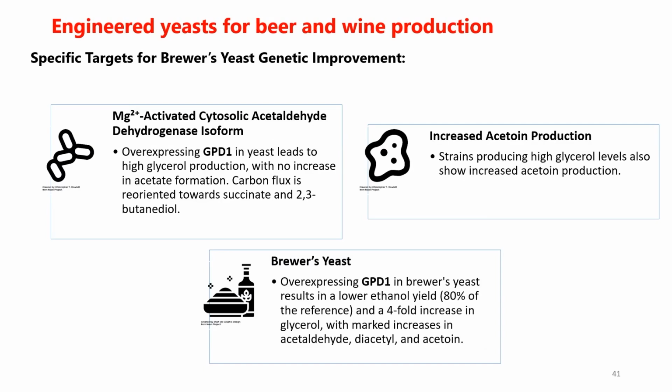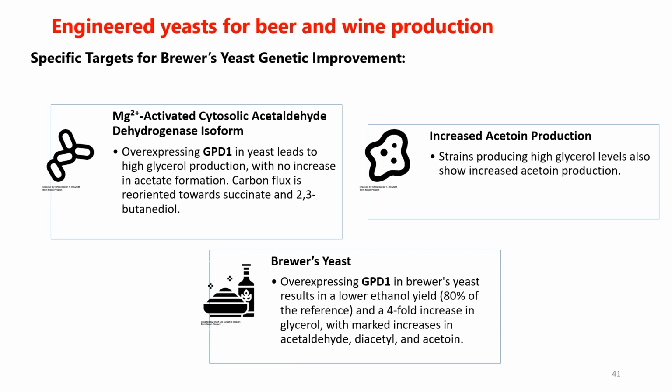So, what are some of the specific targets for brewers' yeast genetic improvement, particularly with respect to beer and wine production? So, here in the first case, we have magnesium activated cytosolic acetaldehyde dehydrogenase isoform. Overexpressing this GPD1 in yeast leads to high glycerol production with no increase in acetate formation. Carbon flux is reoriented towards succinate and 2,3-butanediol.